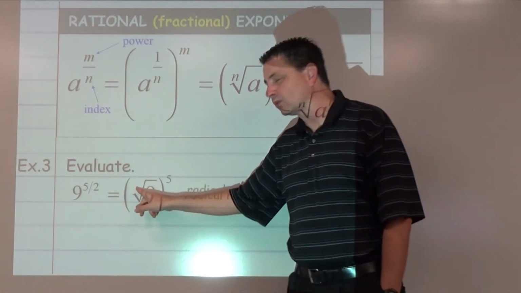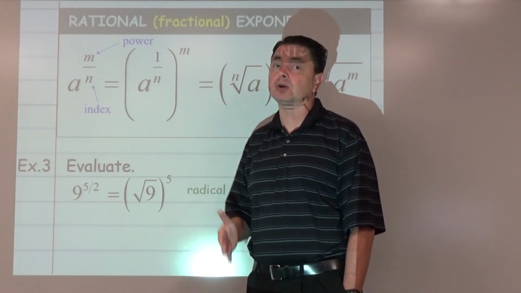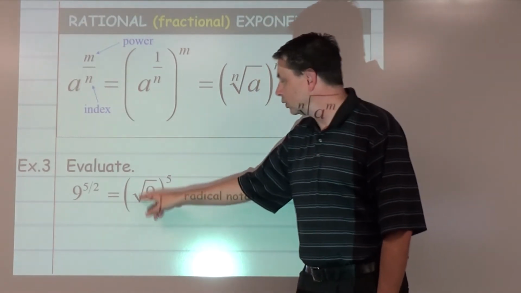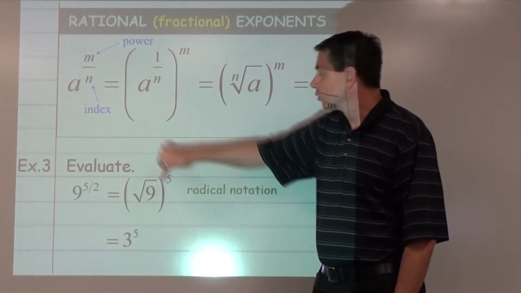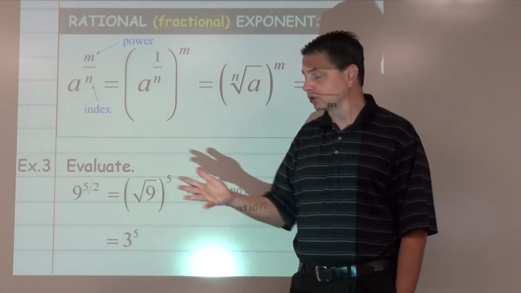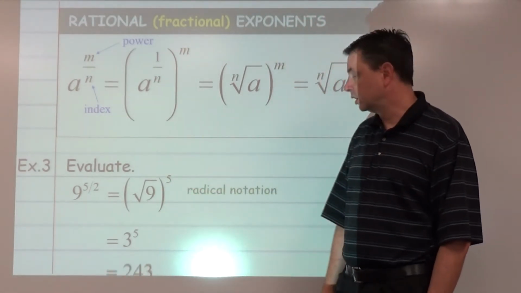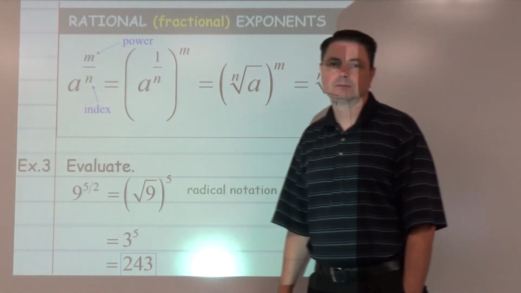Notice I didn't write the index here. I didn't need to because it was a 2. Anything else and you've got to write it. So what's the square root of 9? 3. Raise that to the 5th power. So 3 times 3 times 3 times 3 times 3. We get 243. There's our answer, 243.